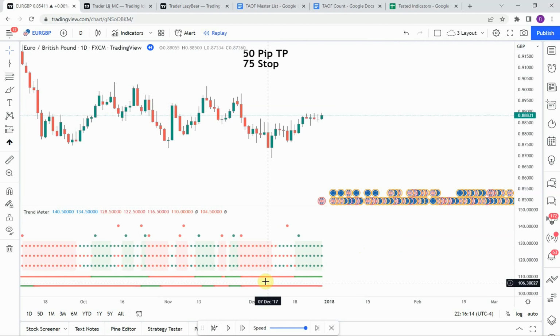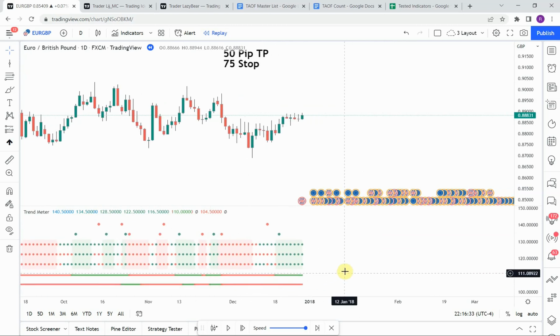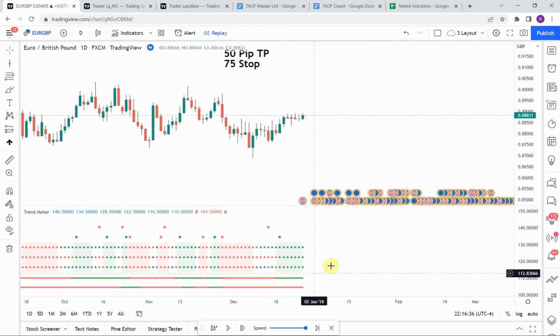So first of all, we have the lines here at the bottom. I'm going to assume that these are probably a higher time frame type trend direction indicator, I guess you could say. And so they're kind of gauging what maybe a higher time frame is doing as far as trend.